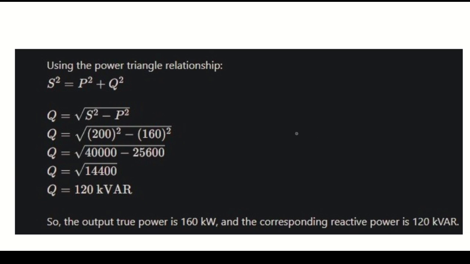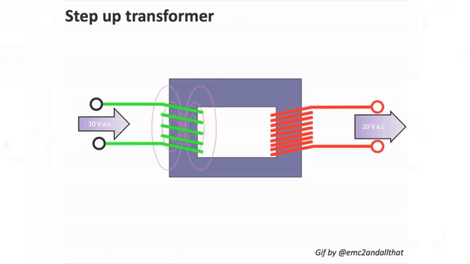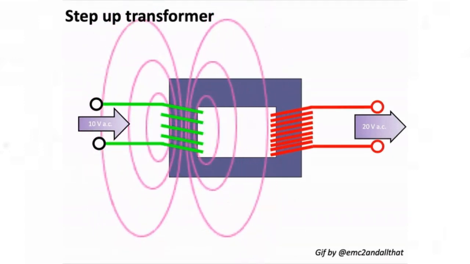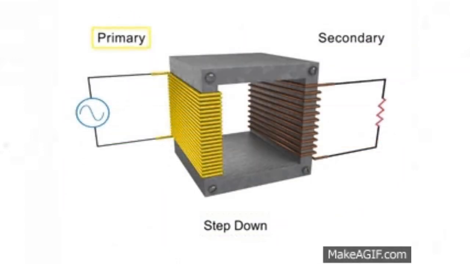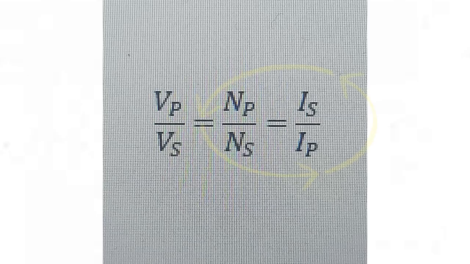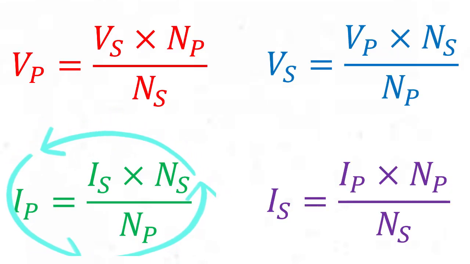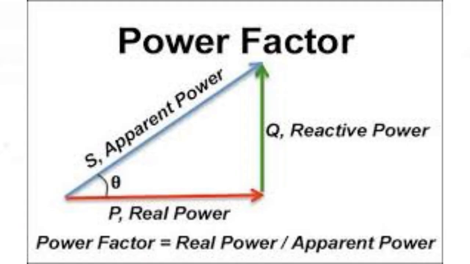So we looked at transformers, the different types of power transformers used for power generation and distribution. We looked at how to calculate the primary current, since we were given the secondary current. And then we looked at the power triangle and their relationships.